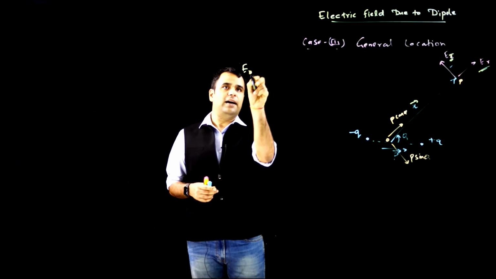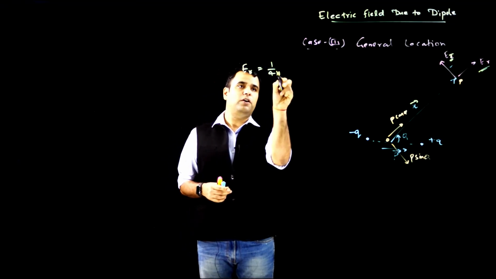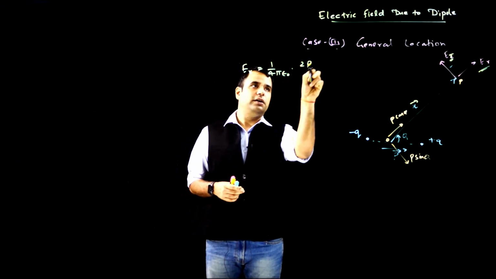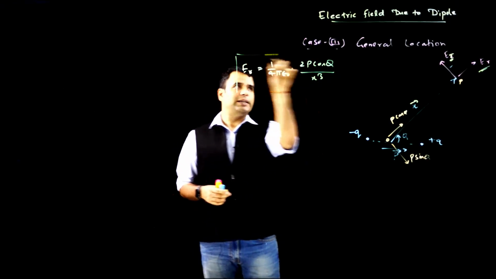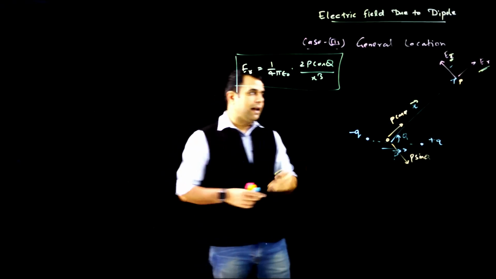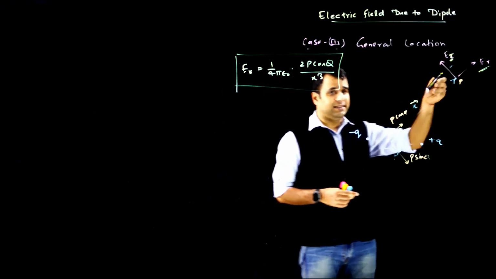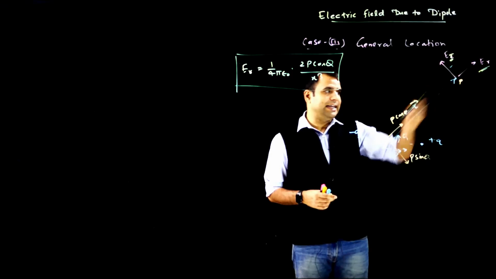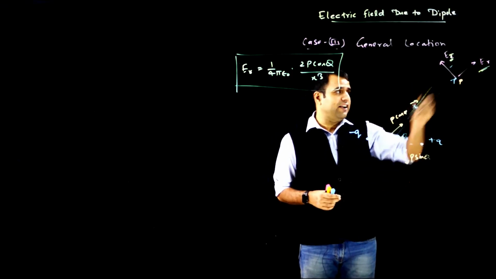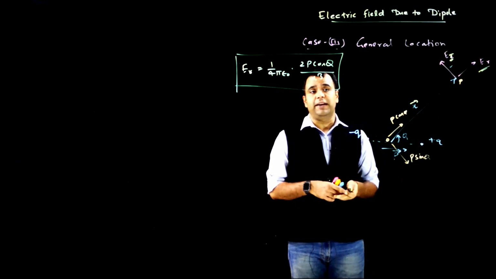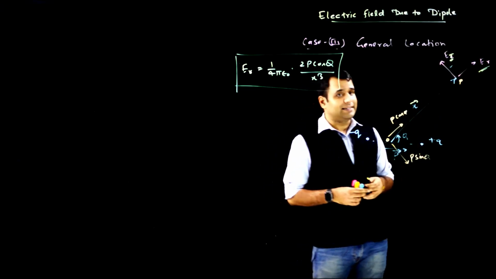So this ER, from the same logic, will become 1 upon 4 pi epsilon naught, 2p cos theta upon x cube. Because the electric field along the axis, this is the new axis, this is the point P, this is the new axis. So this electric field along the axis we calculate from that formula, 2p upon x cube.